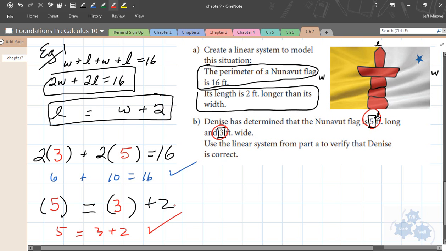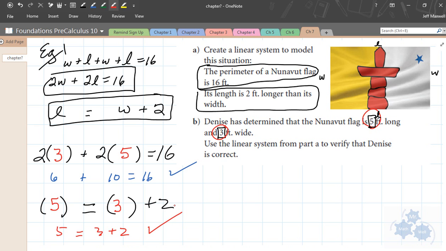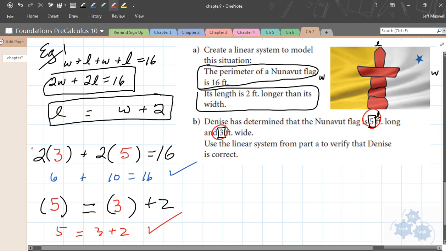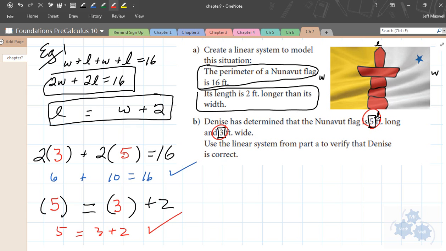So we have verified that these dimensions are correct by plugging them into both equations, and the equations then are true mathematical statements. Okay. If we plug the numbers in and the left side and the right side weren't equal to each other, then it would not be the right answer. Make sense? Yes? Make sense? Any questions?